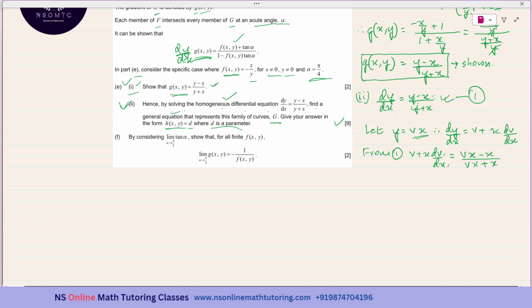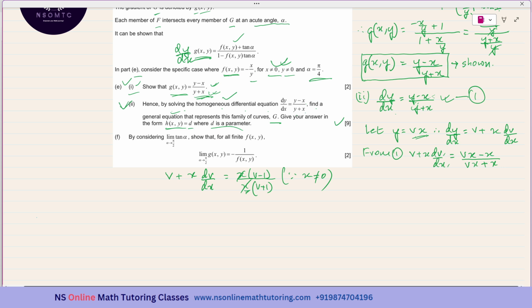Okay. So it is, let me start from here. v plus x dv by dx is equal to, I am taking x common, it is v minus 1 over x times v plus 1. Okay, and I can cancel the x. Again, x is not equal to 0, therefore I can have x in the denominator since x is not equal to 0.